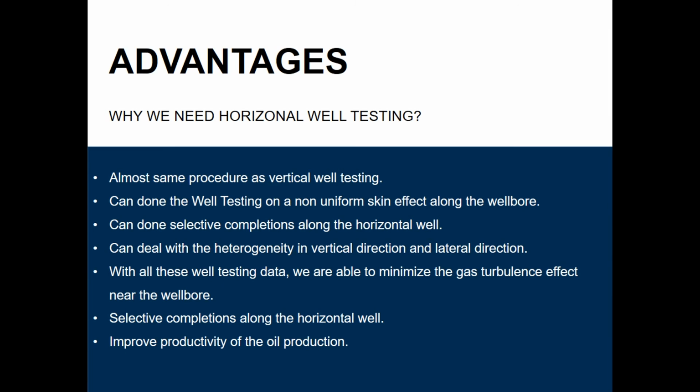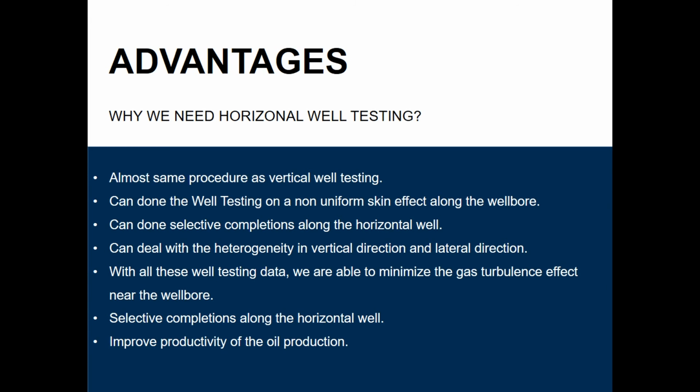Besides, a horizontal well can reduce the fluid velocity near the wellbore and hence minimize the turbulence effect. In other words, a horizontal well enhances the perforated interval, reduces the wellbore turbulence, and increases the productivity. Horizontal well testing data is needed to achieve the maximum productivity.